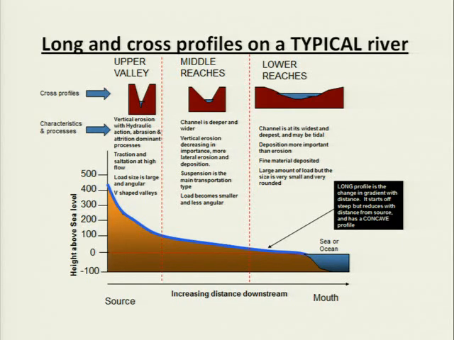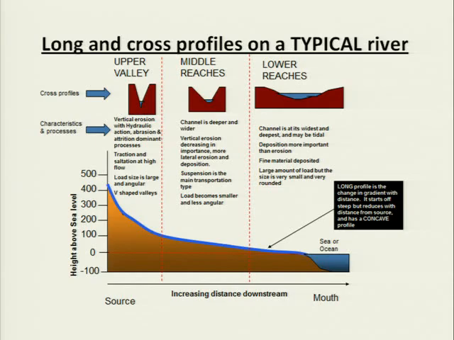Whereas the transverse profile is steep, close V-shaped valleys at the upper valley. Then in the middle reach, it's more open with more vertical erosion. And then in the lower reach, you will see that it is widest open and it is the deepest.